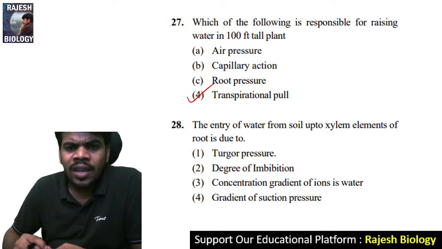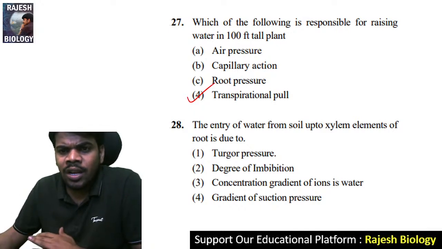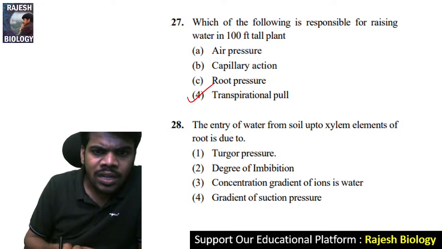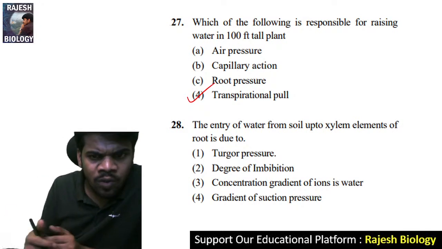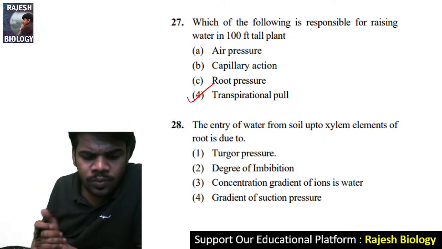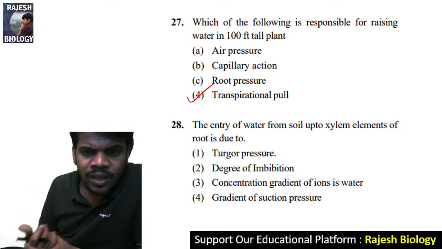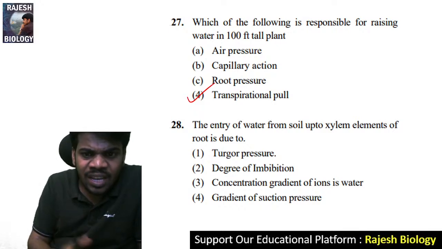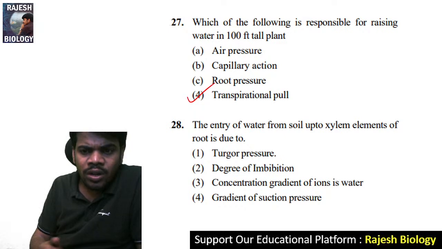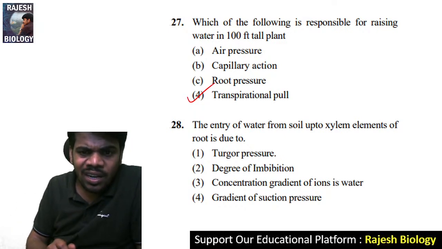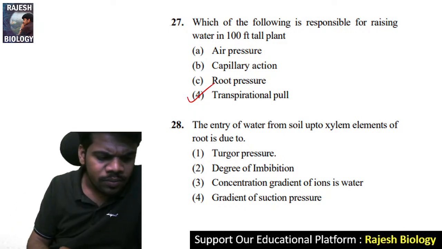28th question. The entry of water from the soil up to the xylem elements of the root is due to? Turgor pressure, degree of imbibition, concentration gradient of ions in water, or gradient of suction pressure.